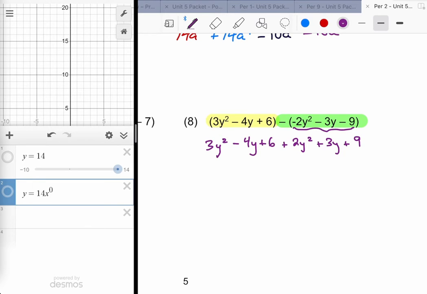But now I have like terms. This is really a positive 5y to the second, but I'm just going to write 5y to the second. This is two like terms, both having a power of 1. So negative 4 plus 3 is negative 1. So negative 1y to the first, or just negative y if you want. And then the last two terms are constants.